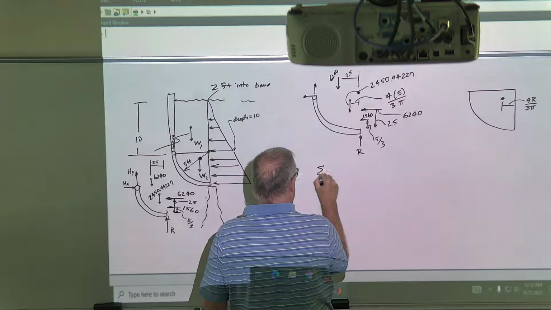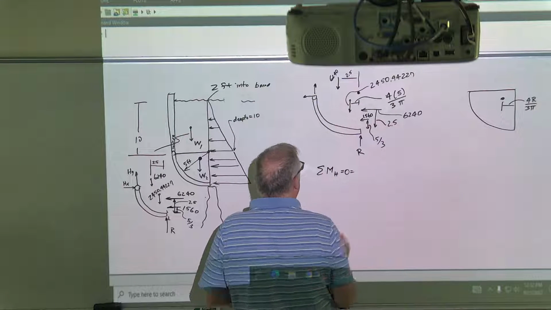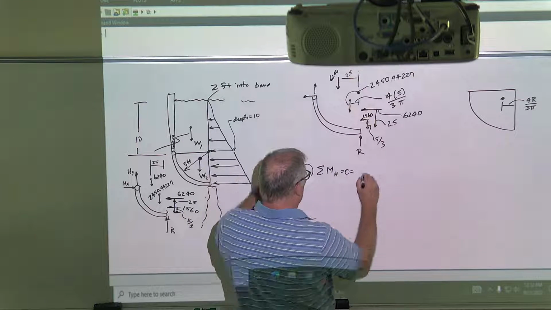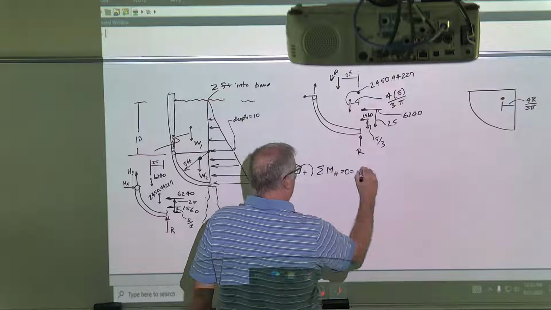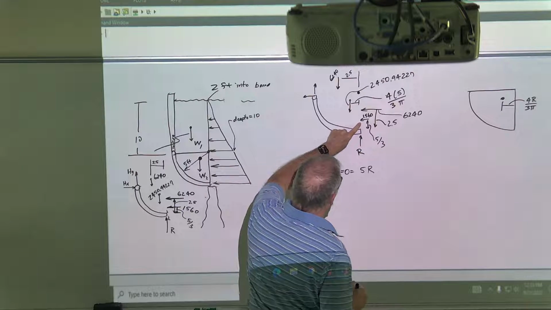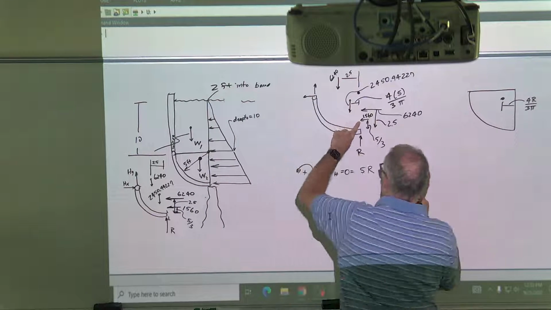So let's sum the moments about the hinge equal to 0, and I'll define that as positive. So the R makes it positive. It's 5 foot away, 5R. And then I'll go through each one. I'll go through this one next.